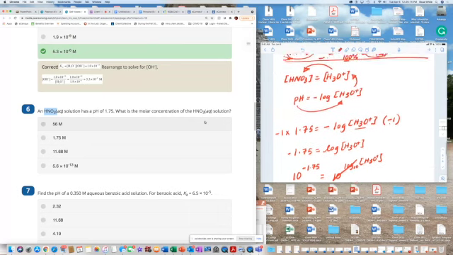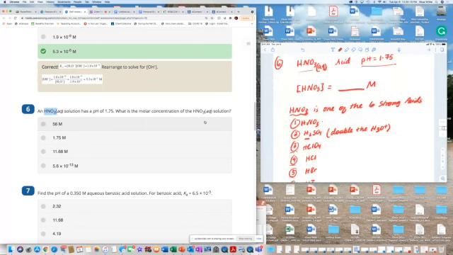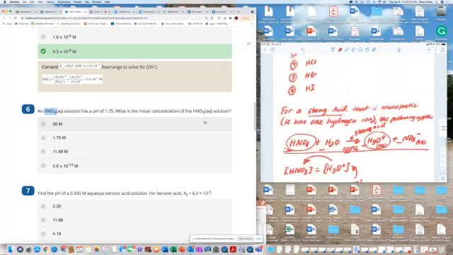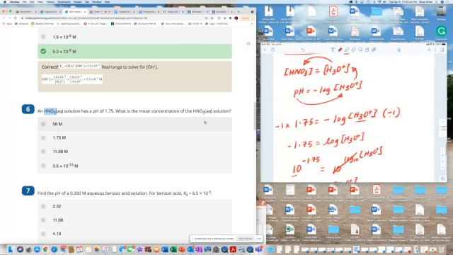Let me make sure I did this correctly. 1.75, 10 power negative 1.75. Because I don't know why none of the numbers I have matches this. It should be as simple as that. Huh.